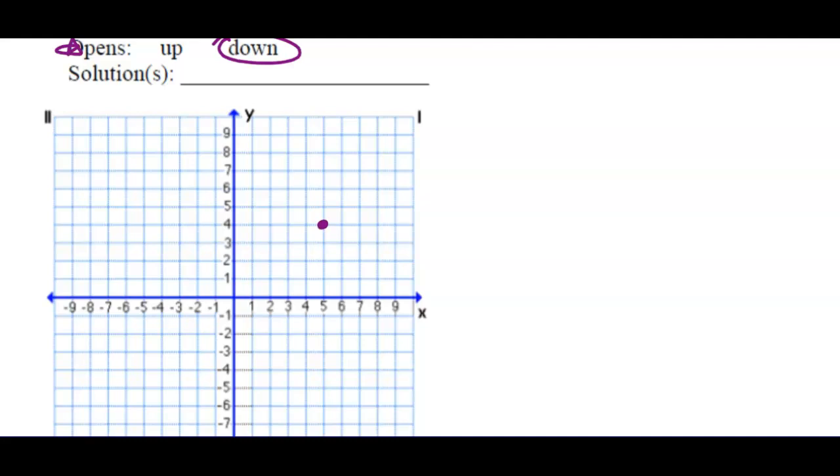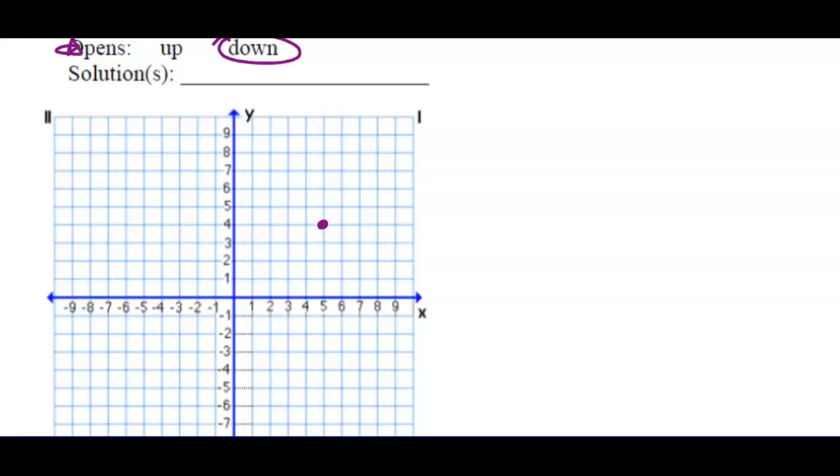That's my vertex. We know that just from the equation. Write stuff down. We're on problem 1. Write it down.